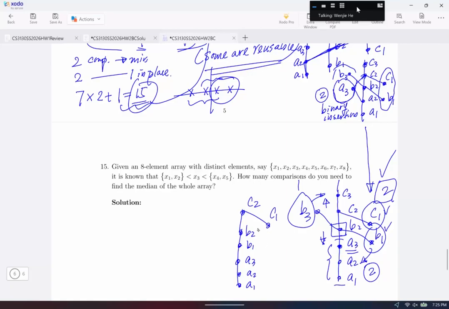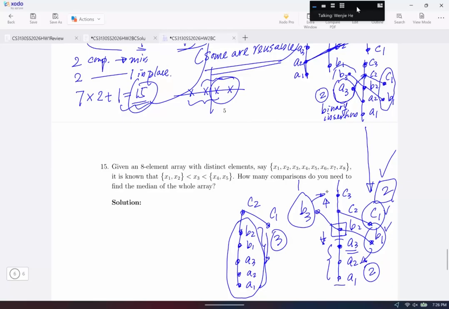C1 needs to be inserted into this ordered chain, right? 5 elements with 3 comparisons. Binary insertion, 3 comparisons, C1.